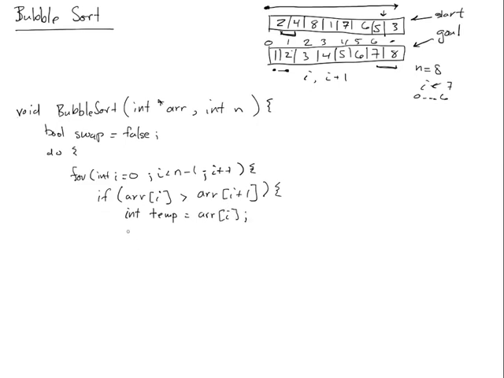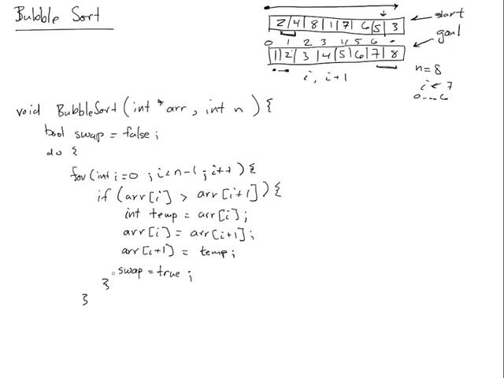Then array i equals array i plus 1, and then array i plus 1 equals temp. Perfect. And then we also need to make sure that, you know what, we did a swap, so we need to set swap to true.